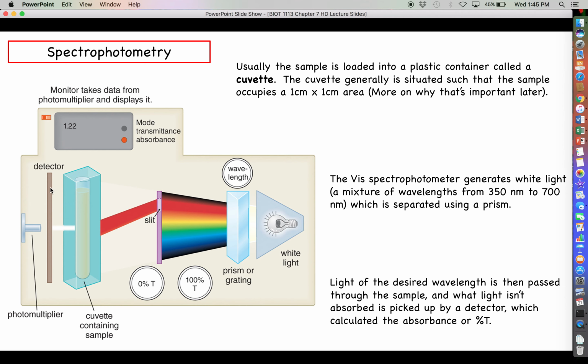Let's talk about chlorophyll. Chlorophyll, as I'm sure you are aware, is the pigment that is present in plants and other photosynthetic organisms like algae and cyanobacteria that is not only responsible for photosynthesis but also responsible for those organisms appearing green to us.